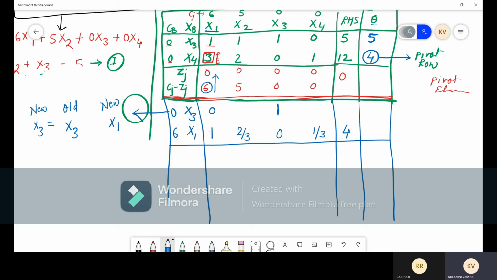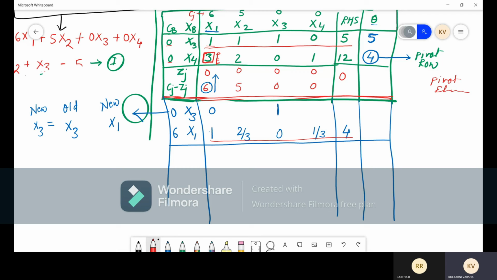Every time to find out this x3, we'll always take the old x3 from the previous iteration and we'll take this newly entered x1, this value. So we'll be concentrating on this row and this row. Okay, and we should get 0 over here and we should get 1 over here.